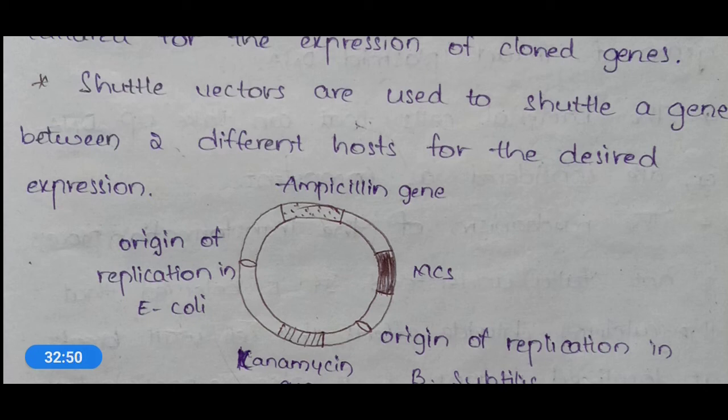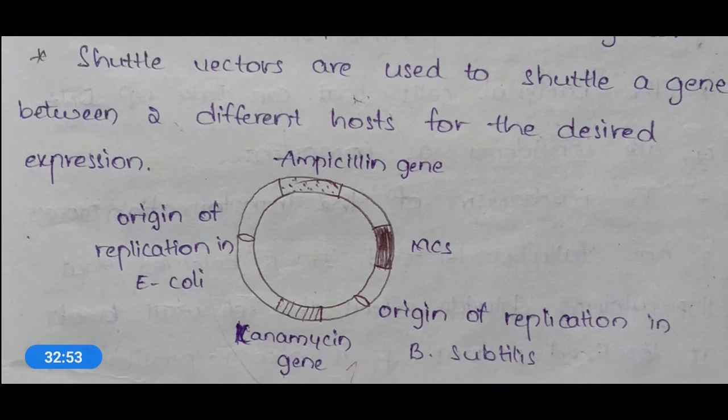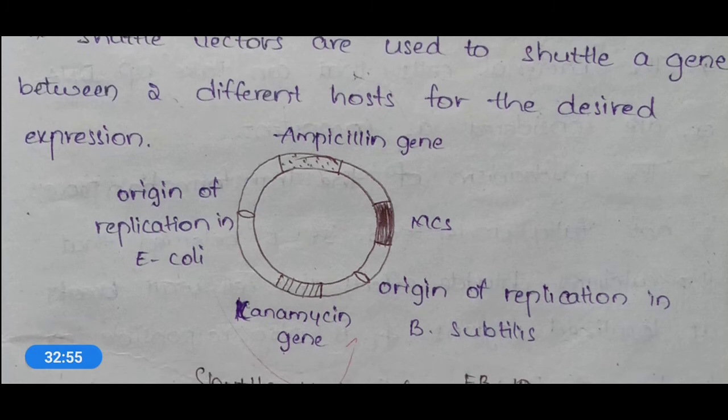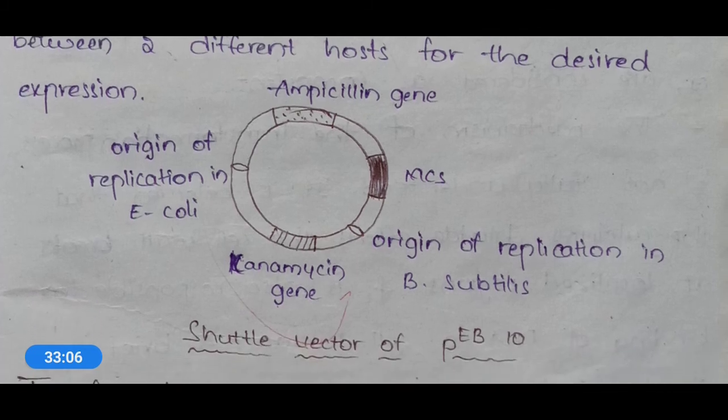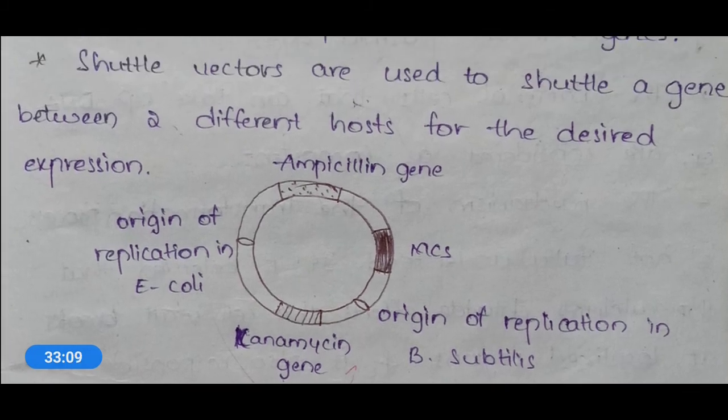If you see the diagram here, it has the ampicillin gene, the kanamycin gene, the origin of replication in Bacillus subtilis, and the origin of replication in E. coli. So all these vectors, like plasmids, cosmids, bacteriophage vectors and shuttle vectors, are helpful in the transfer and identification of the expression of the desired gene.